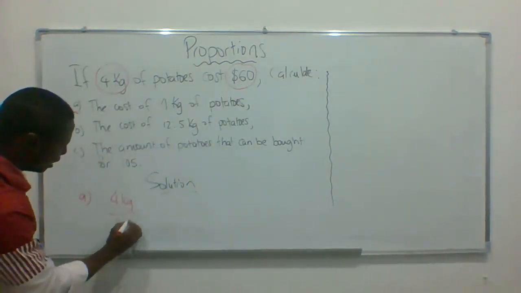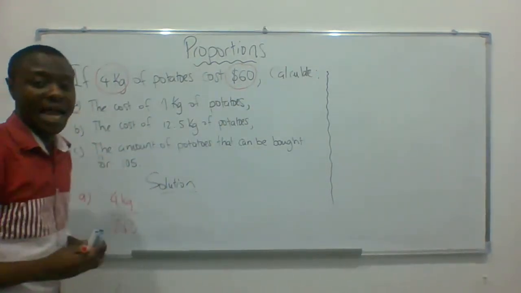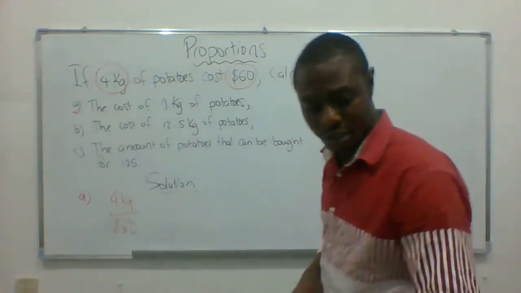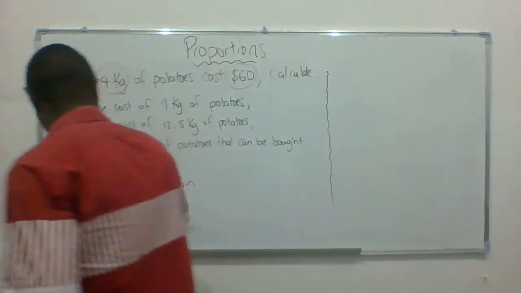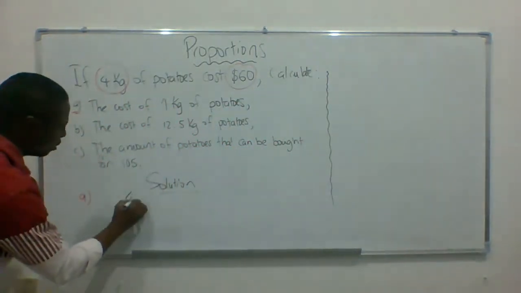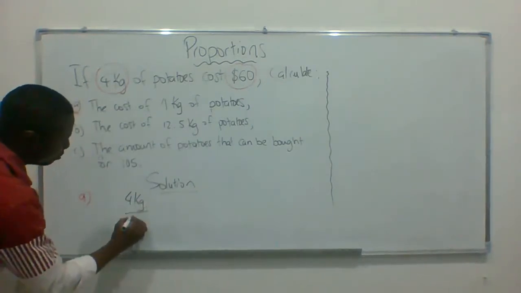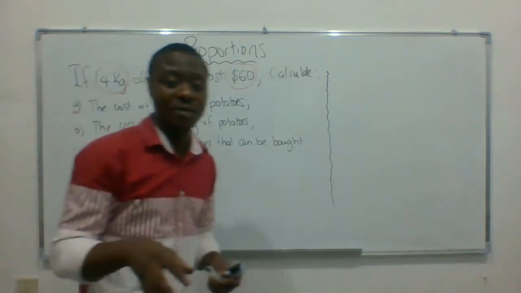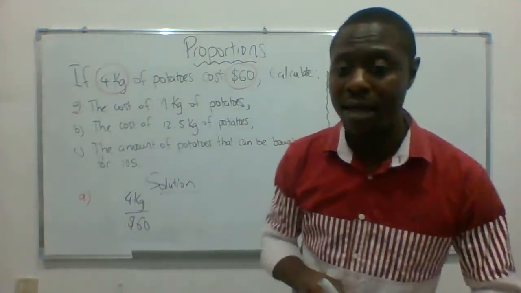So I'll put $60 at the bottom. I have a ratio there. 4 kilograms cost $60. Let me write it in black. 4 kilograms is equal to $60. We spend $60 to buy 4 kilograms.